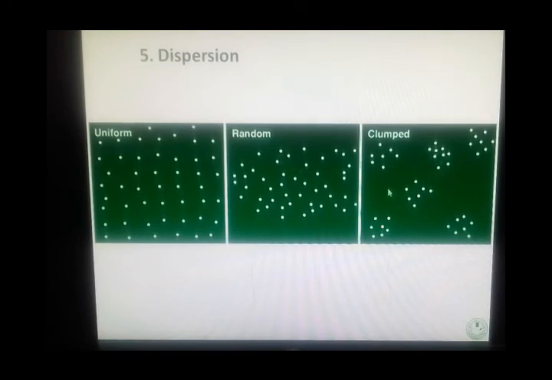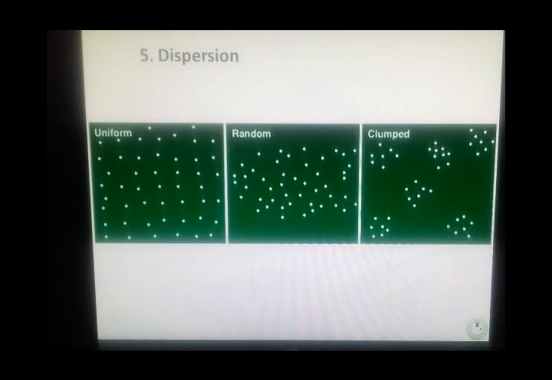But in the case of clumped distribution, the individuals of a population are found scattered in groups, as I mentioned earlier. So they're scattered here and there. This is perhaps the most common pattern of distribution.